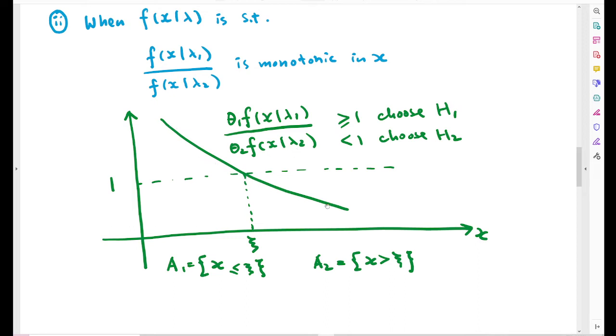It is monotonically decreasing, and according to the previous conclusion, there will be a point where it is exactly equal to 1, right? The corresponding value of x is c here. And this c will be exactly the cutoff point, which cuts the whole sample space into two intervals, A1 and A2, divided here. Very simple.